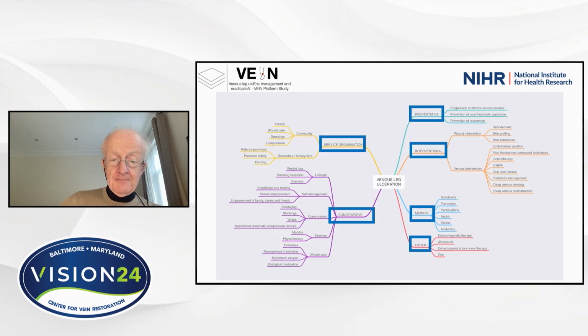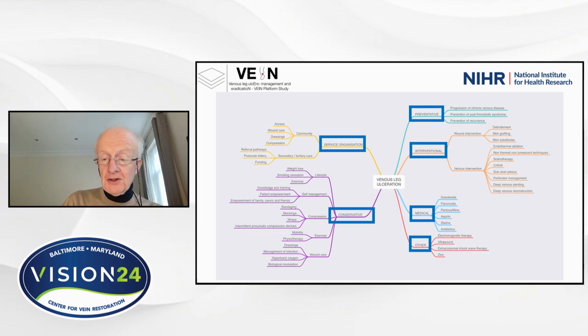Next slide, please. Now, within this bid, and when we were reviewing and doing all the various bits of scoping, what are the areas that we could do research in with respect to post-ESCAR and post-EVRA? Well, it could be on service organization, conservative treatment, looking at the role of compression, and certainly looking at the role of exercise.